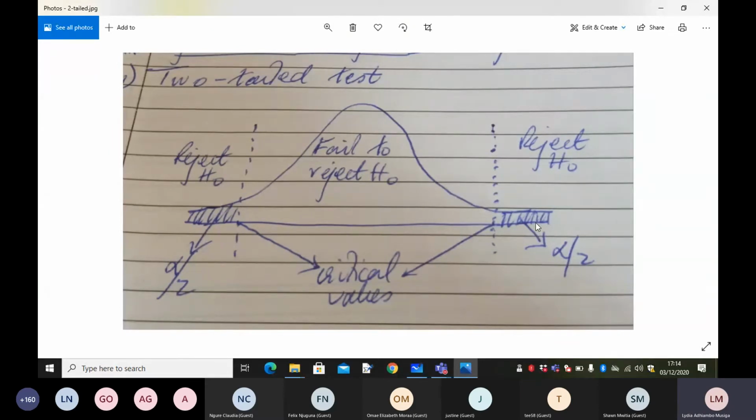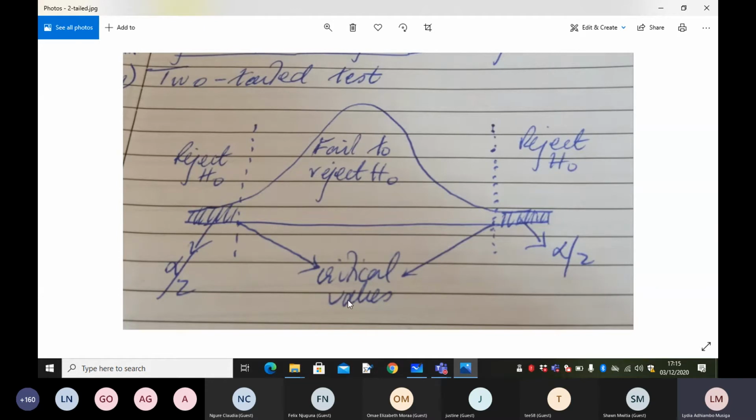So if the value that we calculate falls in the rejection region to the right, or it falls in the rejection region to the left, and for it to fall in the rejection region to the left, it must have a negative value, then we shall reject H0. But if the value falls in the area which is not shaded, then we shall fail to reject H0.